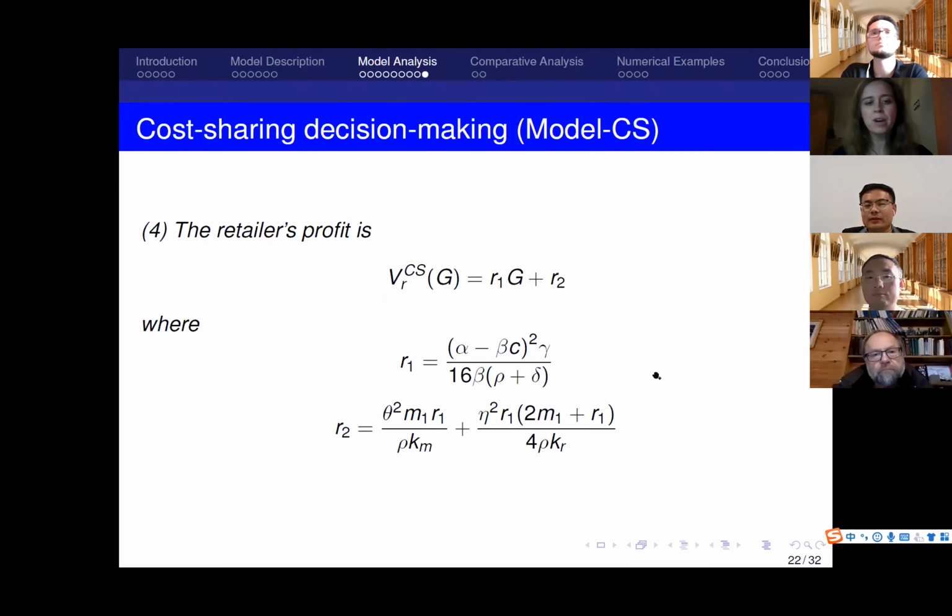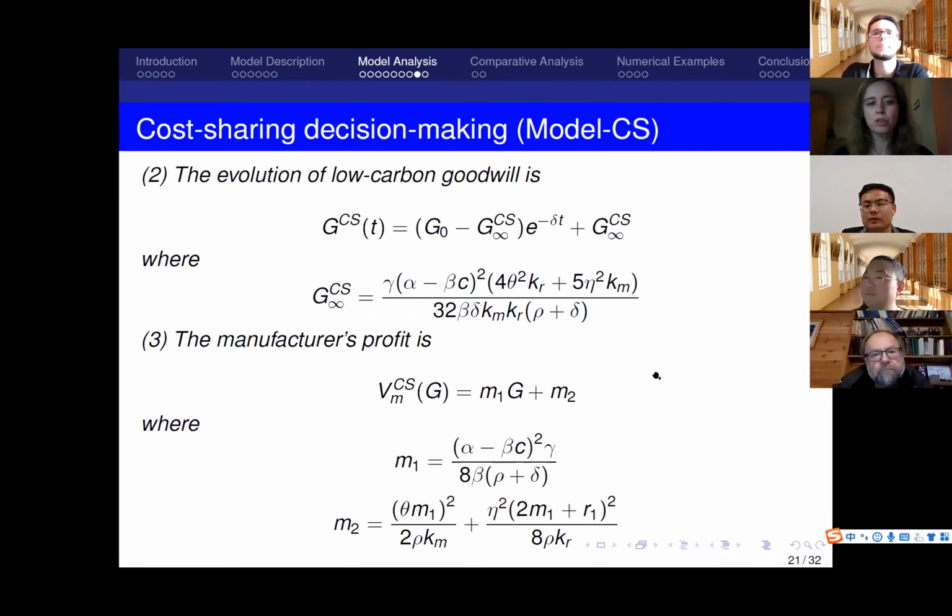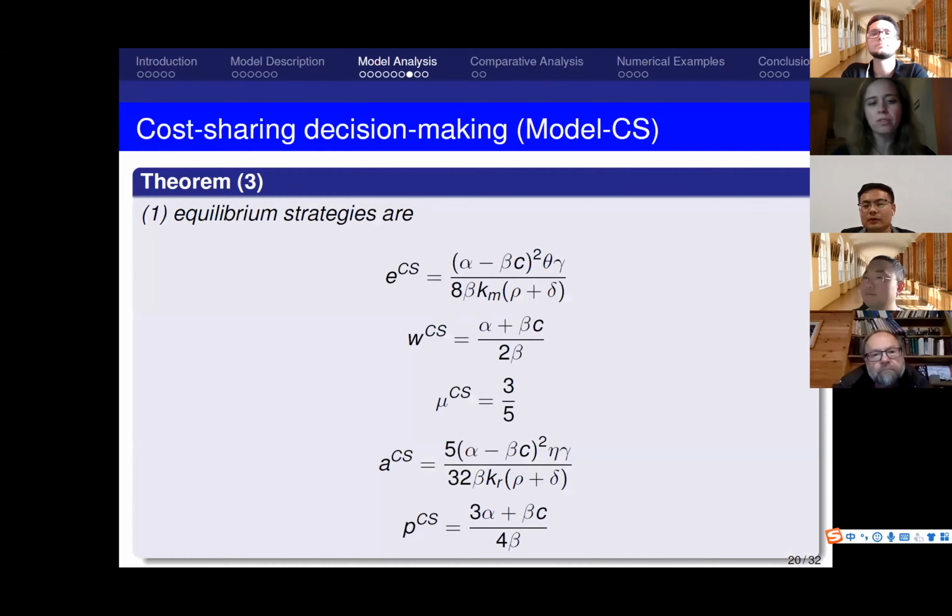And do you take into account that the price may be negative? If they choose equilibrium strategies, the price may be negative. Do you take into account this condition or not? Yes, the condition is non-negative. Okay. Thank you.